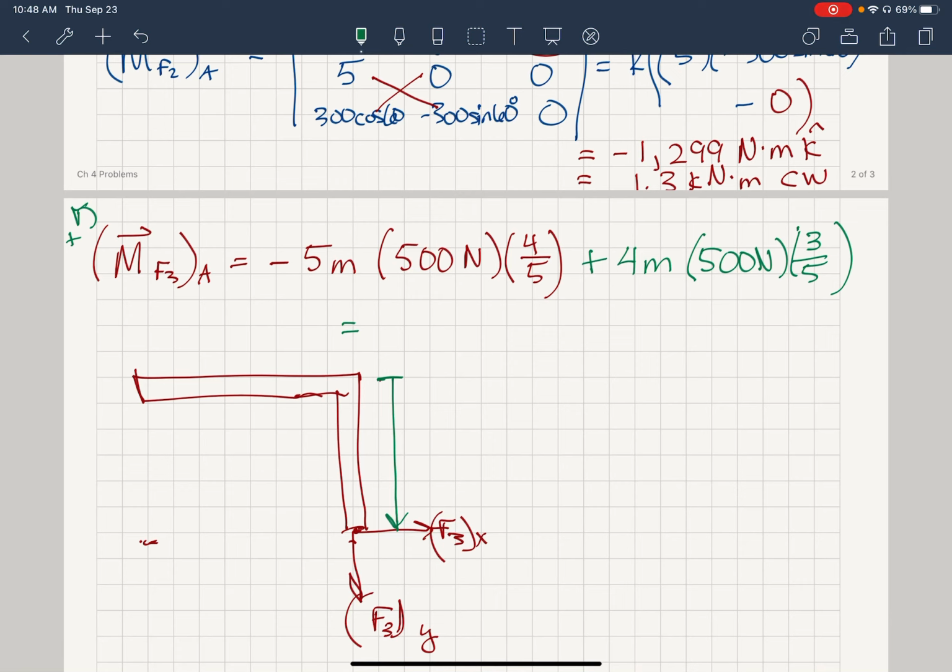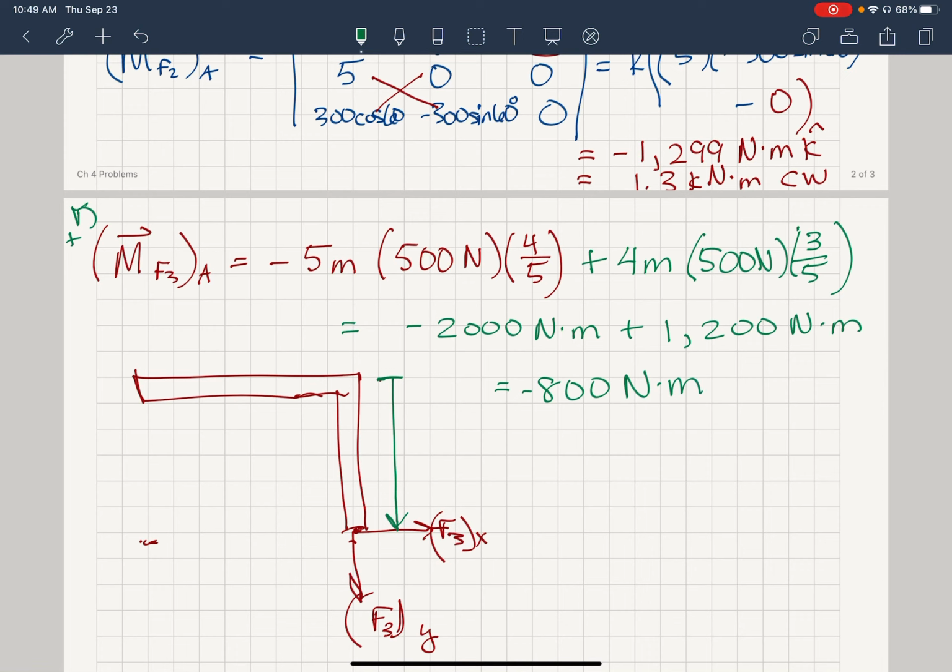Use a calculator. That gives us negative 2,000 Newton meters plus 1,200 Newton meters, so that gives us negative 800 Newton meters.